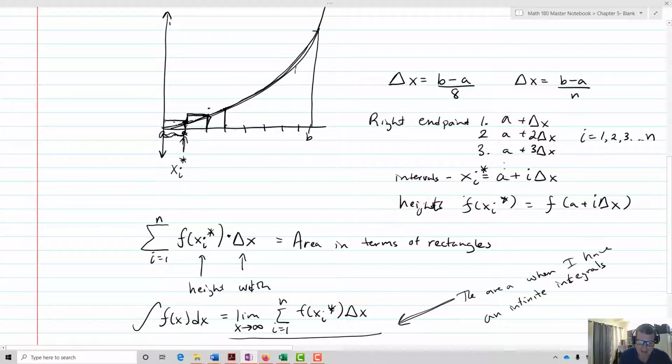So this integral of f of x dx is literally going to be this limit as, not x approaches infinity, but n approaches infinity, of the sum of i equals 1 up to n of f of xi star times delta x. Okay? And what you're going to see here, and we're going to see this in just a moment as we do more of the algebra, is this i here, it's going to be the counter for the xi's.